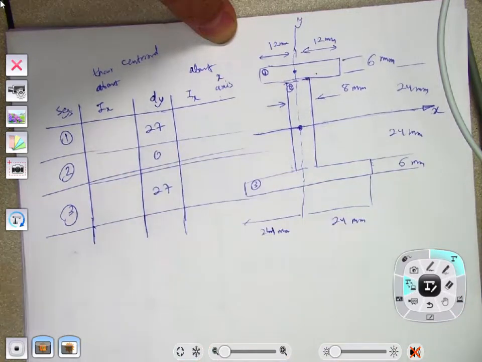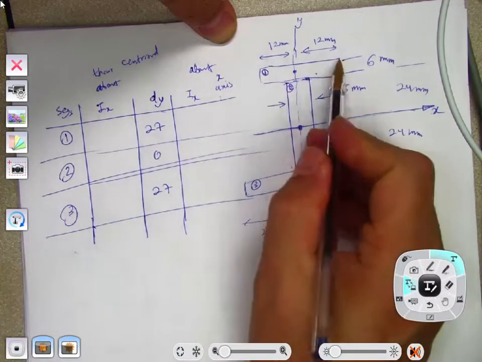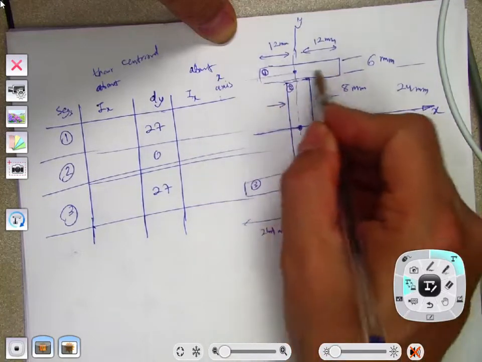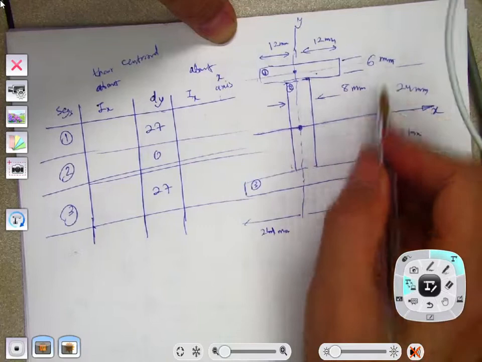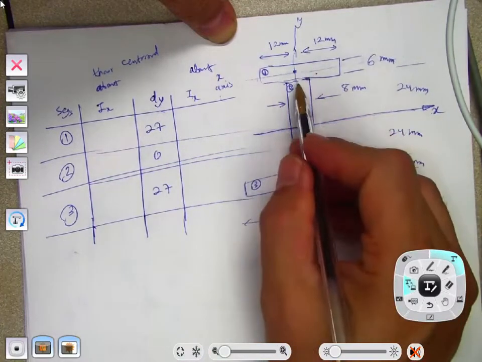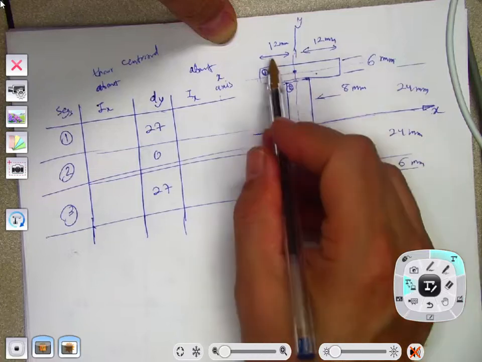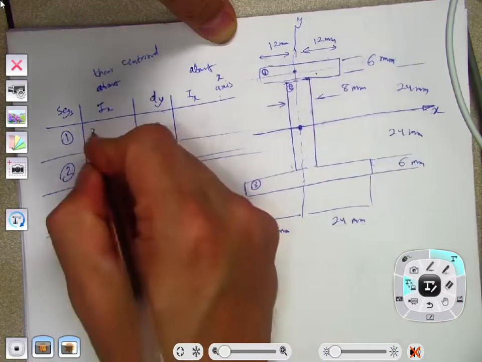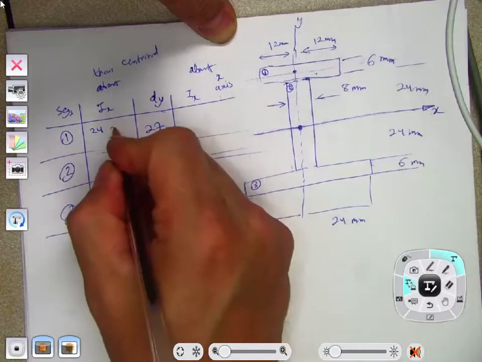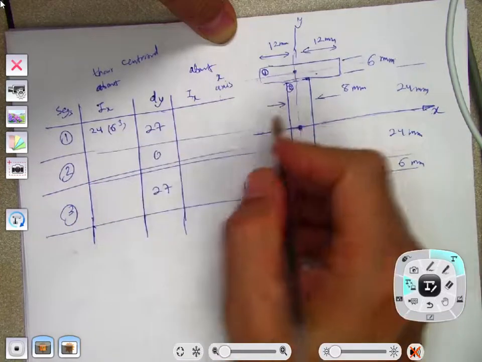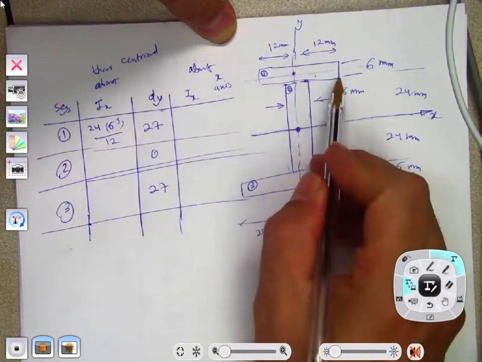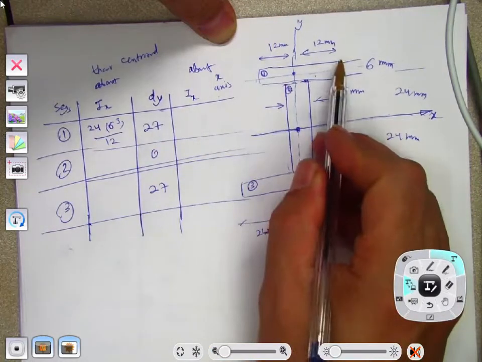Okay. For this segment, if you define an x prime axis passing through its centroid, parallel to x, then the moment of inertia is equal to what? My base is 24, my height is 6, divided by 12, right? So 24 times 6 cubed divided by 12.